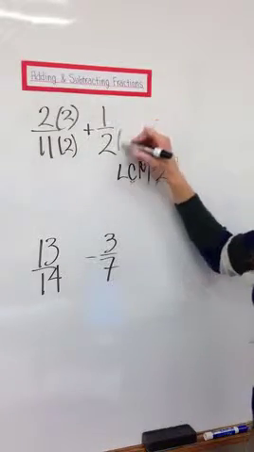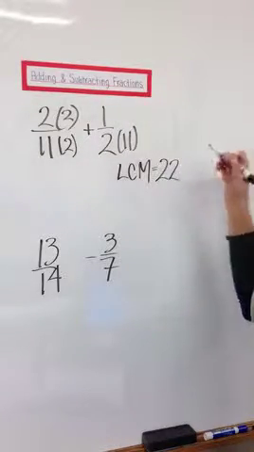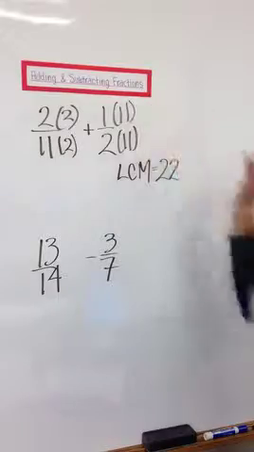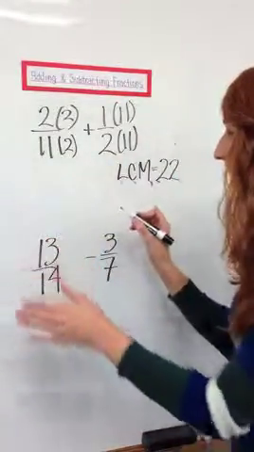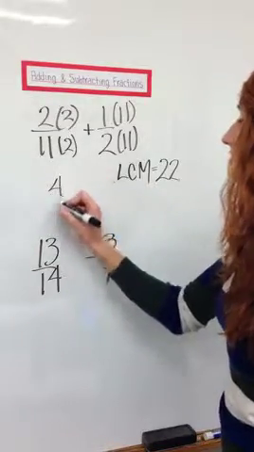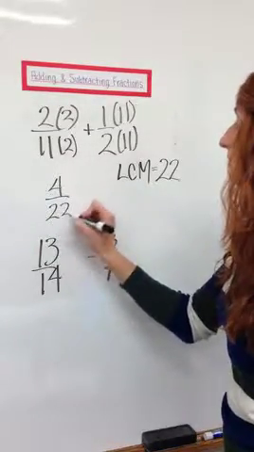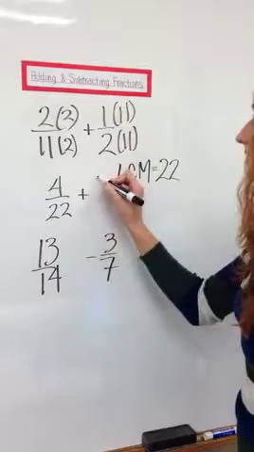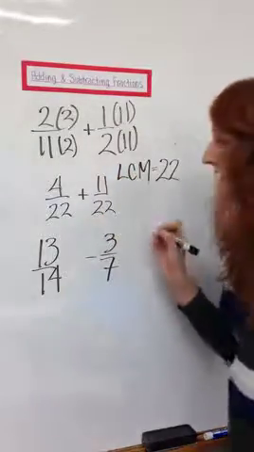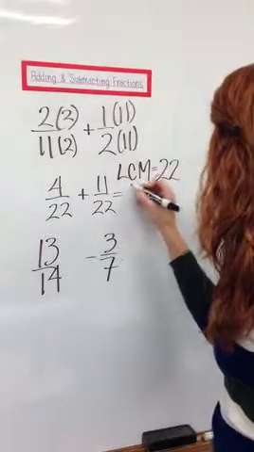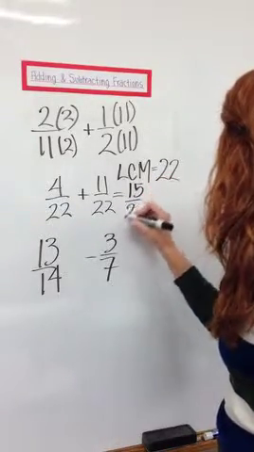Over here, we're going to multiply the denominator by 11 and the top. So let's rewrite it to make it a little cleaner. We'll have 4 over 22 plus 11 over 22. So then our final answer will be 15 over 22.